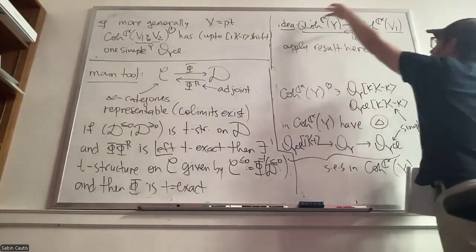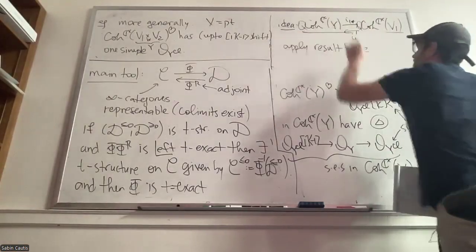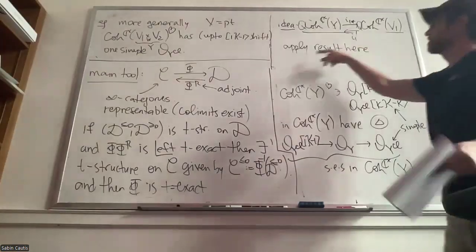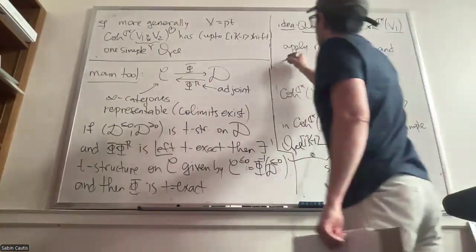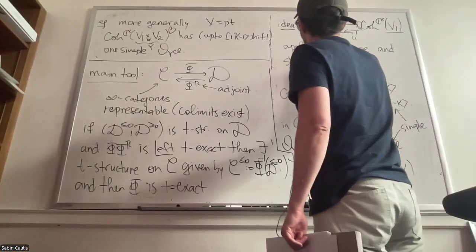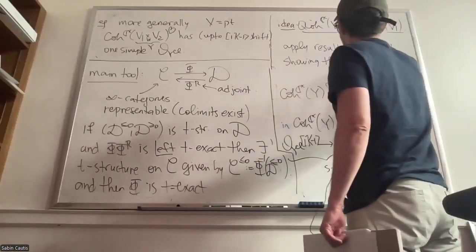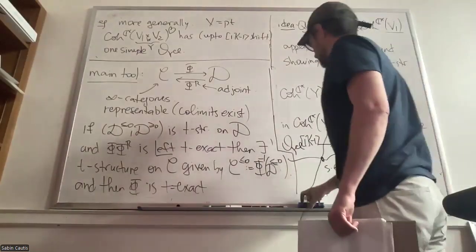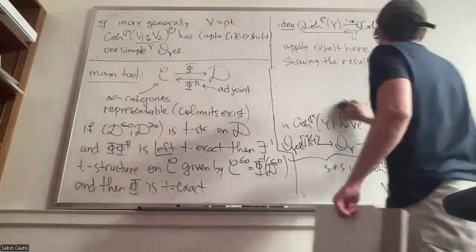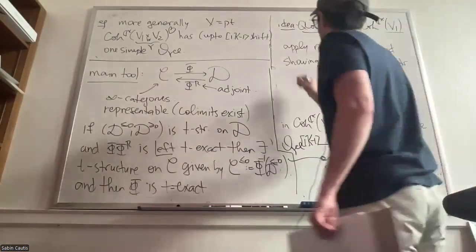Then you can also lift it from here to here by applying this result, and showing the resulting T structure, which is a priori in this large category, restricts to the smaller one we're interested in.